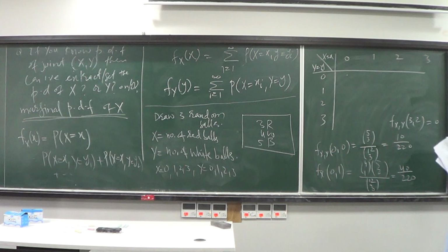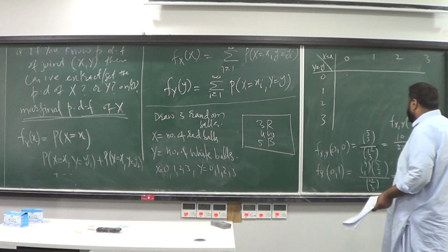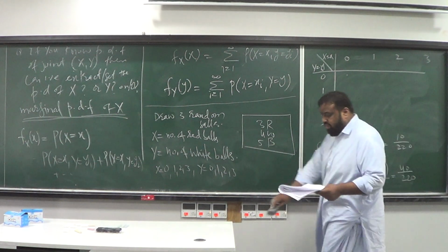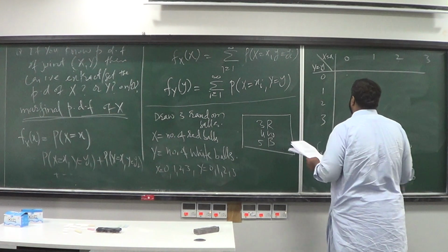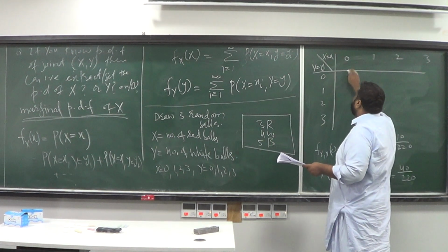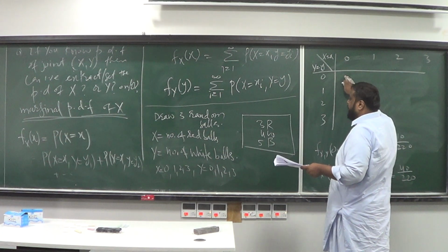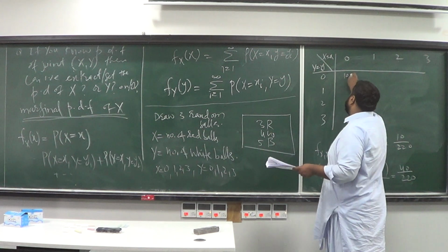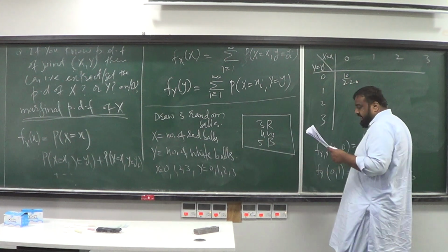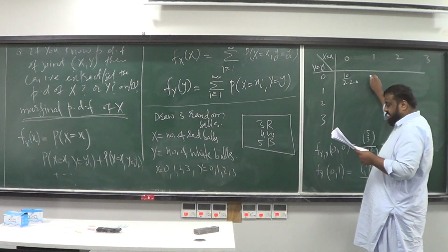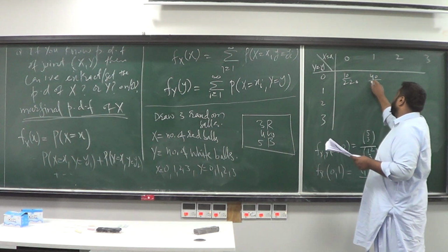Similarly, you can think of all these probabilities, and I can make a matrix. The matrix would look like this. The probability of having 0 red balls and 0 white balls, we calculated it, is 10 by 220. And the next is 40 by 220.